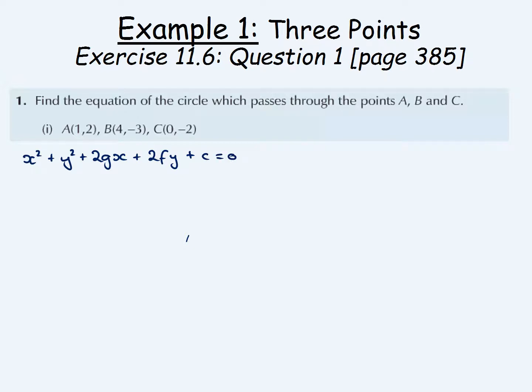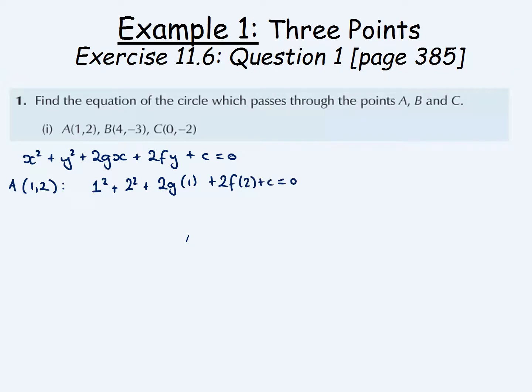I'm going to take the point A and make my first equation. It's 1 squared plus 2 squared plus 2g by 1 plus 2f by 2 plus c equals 0.